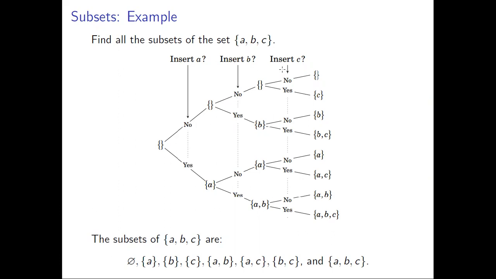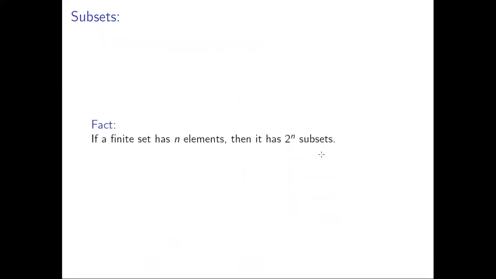And then when you consider the option of inserting C, the number of possibilities doubles again from 4 to 8. And this gives us 2 to the power of n. But okay, the tree does not prove it. It might be suggestive, it might not be, but this is a fact that you can use, and it's helpful in many of the homework problems.